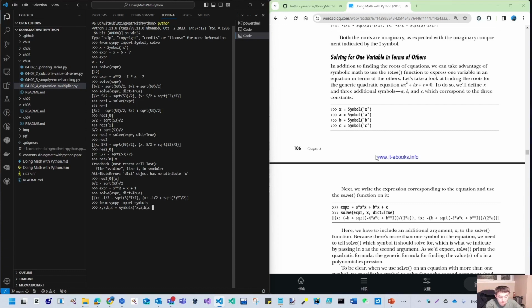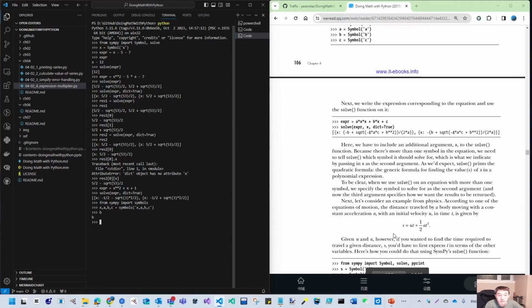Now we have all of them as symbols, and then we create our multiple-symbol expression. So now it is a times x squared plus b times x plus c. So the expression is like this.